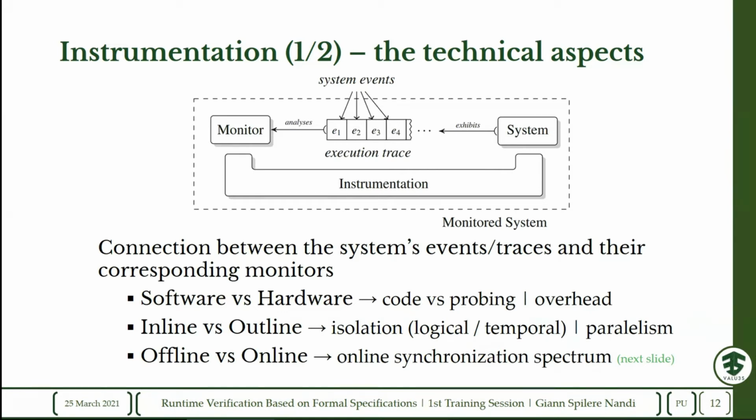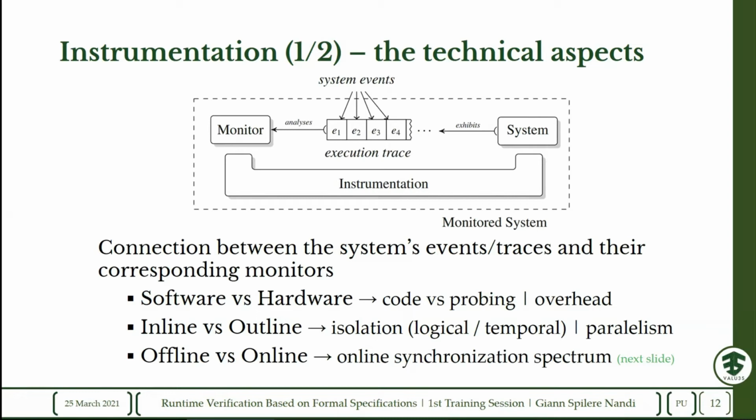The way that it does depends on what you want your system to do. So, for example, if you want your monitoring architecture to be fully developed with software, you need to know that you are going to have some kind of computational overhead. If they are hardware units, you need somehow to probe them, and it's also going to incur overheads in terms of cost, space, and energy consumption.